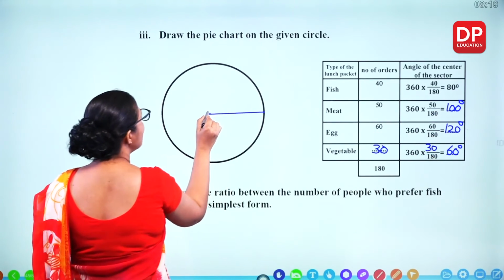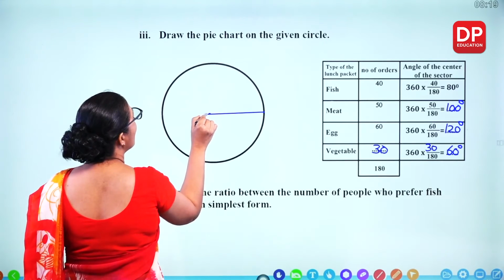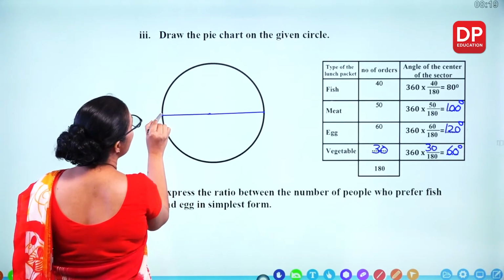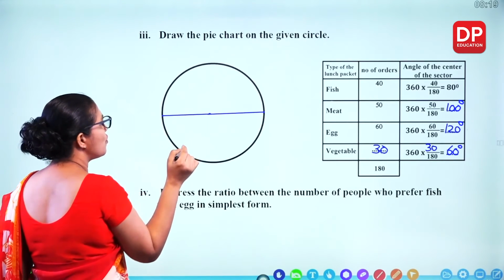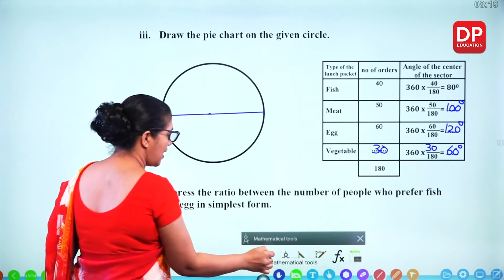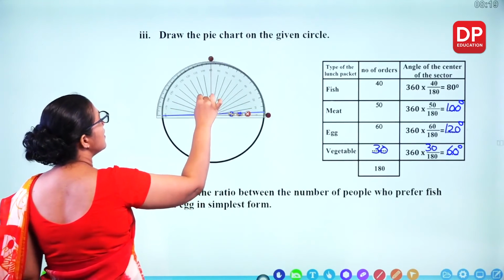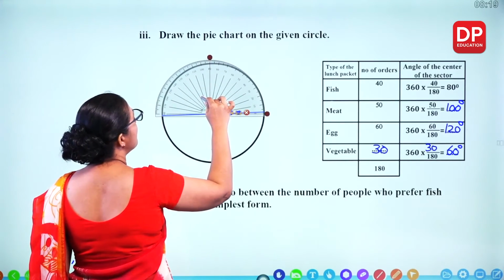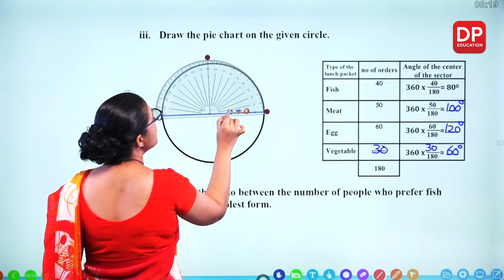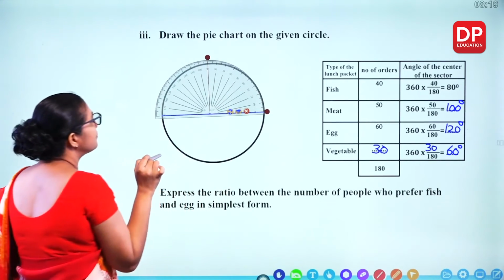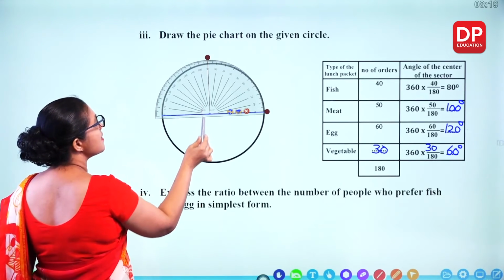So if we can draw the 180 line, it's easy for us to divide into 2 parts. Take the protractor. Keep that one on the diameter. Here, this is the center.